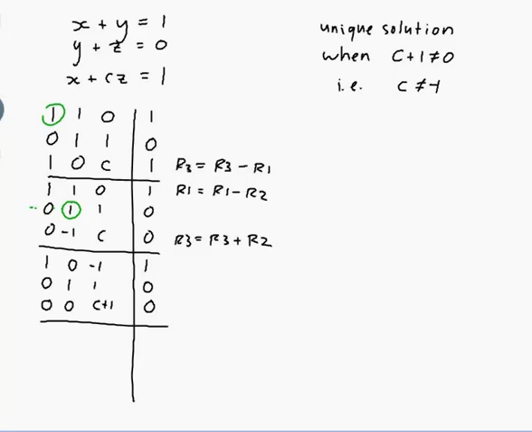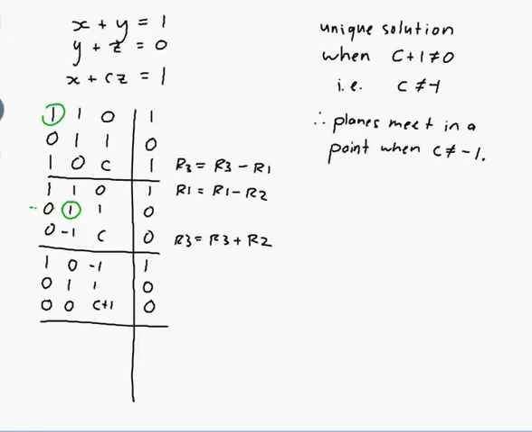So therefore the planes meet in a point when c is not equal to minus 1. Okay, because we were asked for what values of c the planes meet in a point, which we have said. That's good.